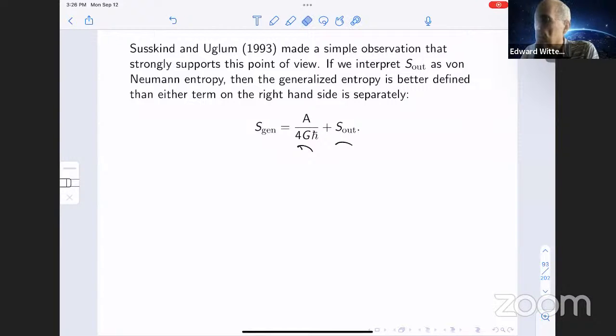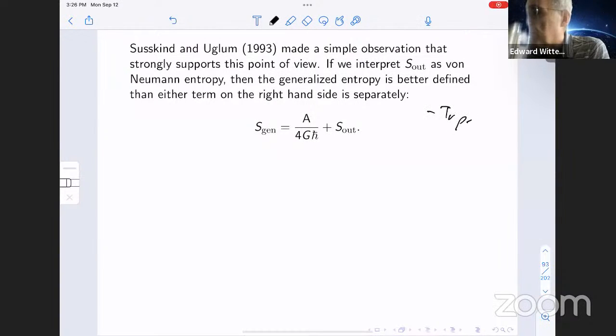And to Bekenstein, S out was thermodynamic entropy, and therefore it was only well-defined when thermodynamics is valid, which is not always. But Sorkin had reinterpreted S out as von Neumann entropy, and von Neumann entropy is defined for any quantum state by that formula we had, minus trace of rho log rho.